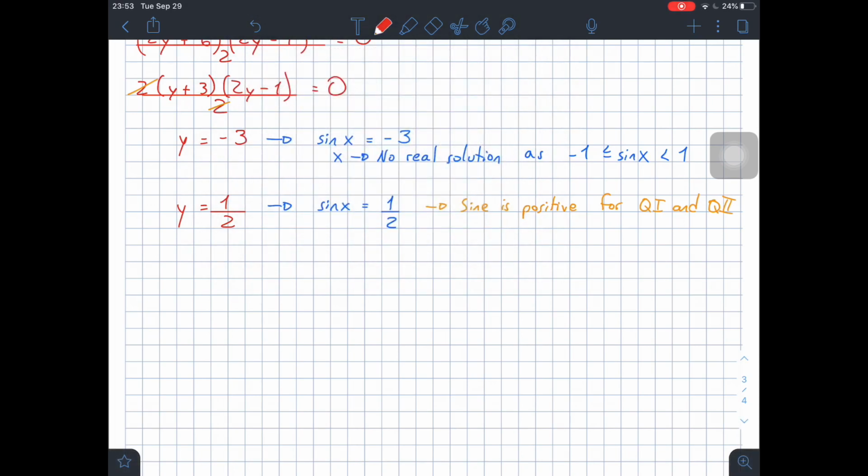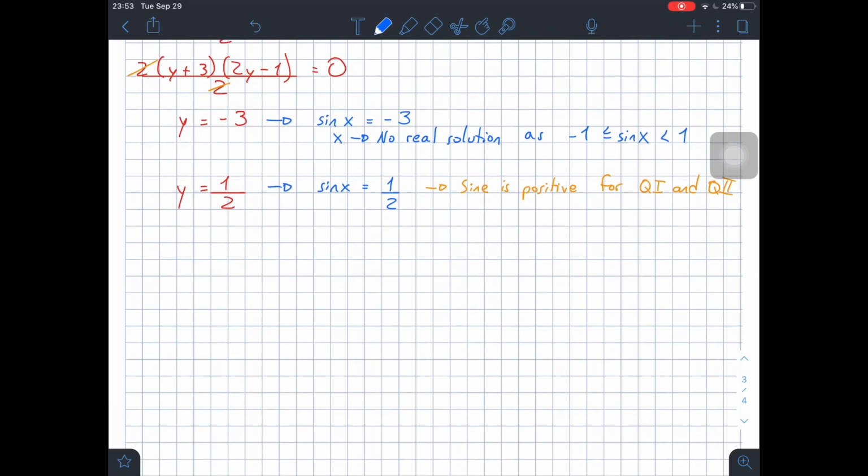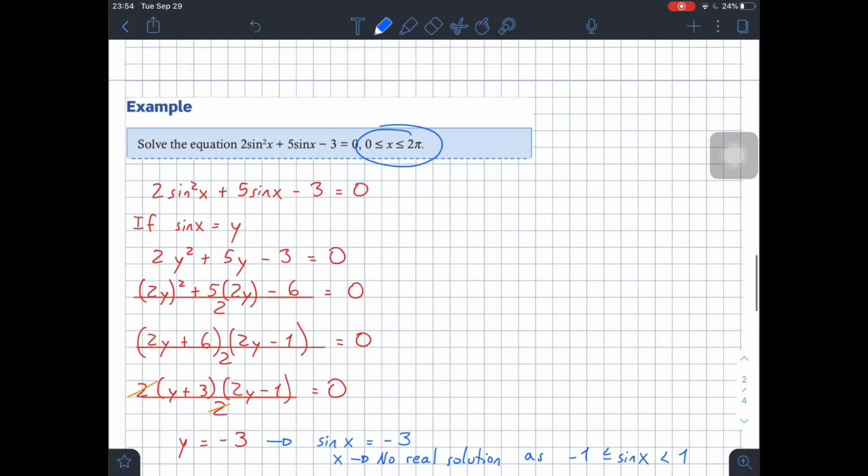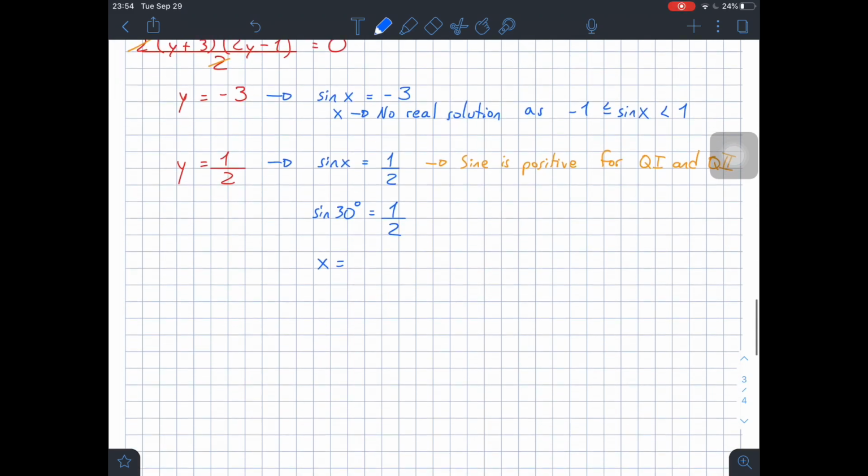One solution, which is for the first quadrant, would be 30 degrees, right? Sine of 30 degrees is equal to 1/2. So x is equal to, we're given the angle in radians, so we need to write the answer in radians.